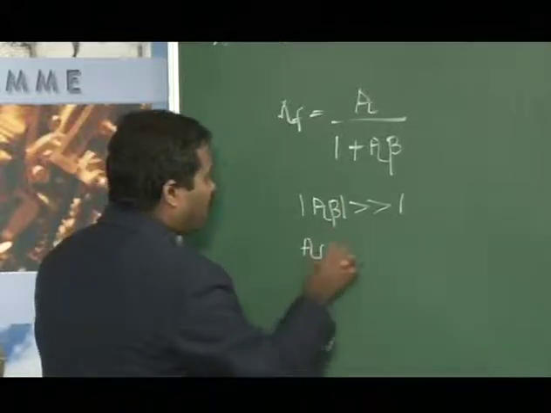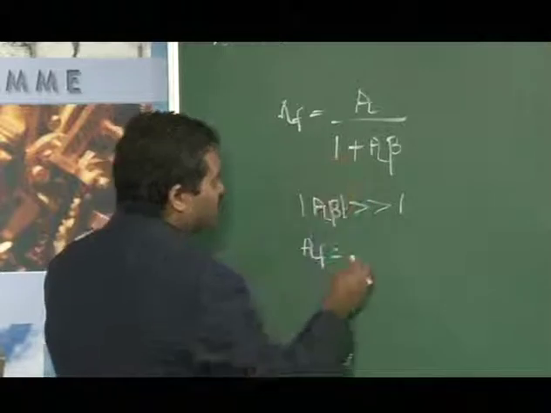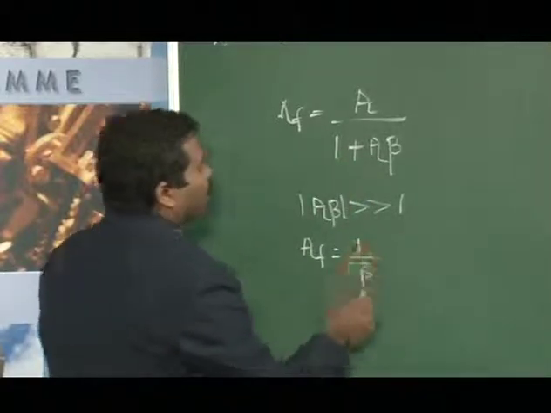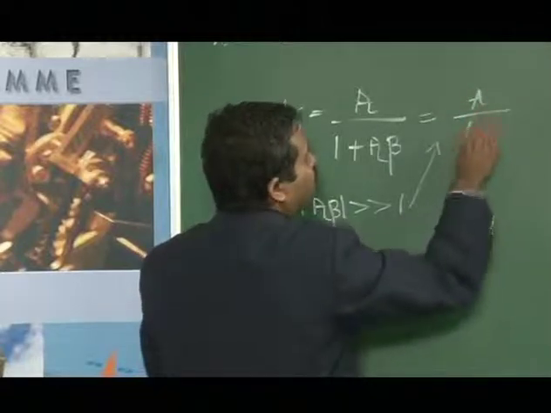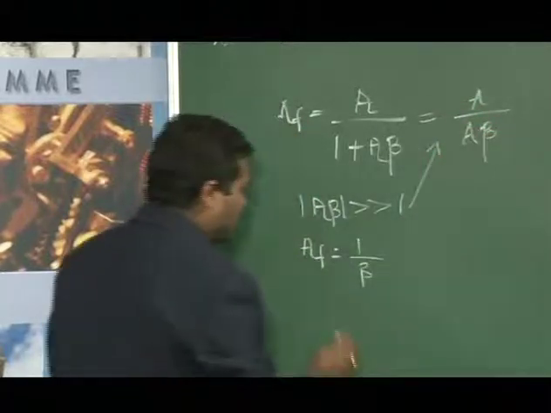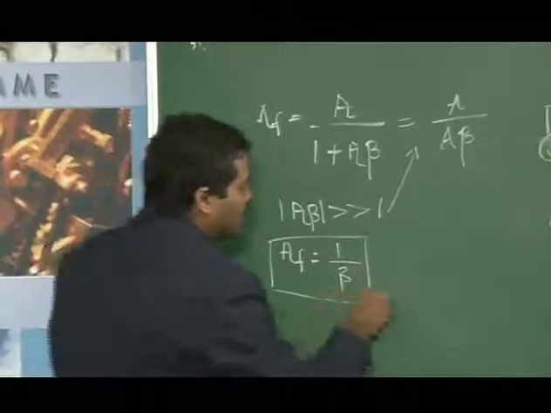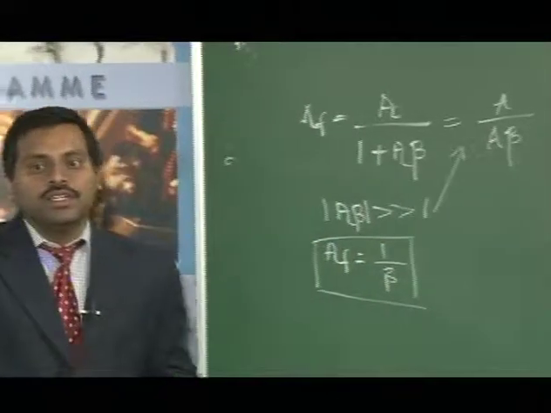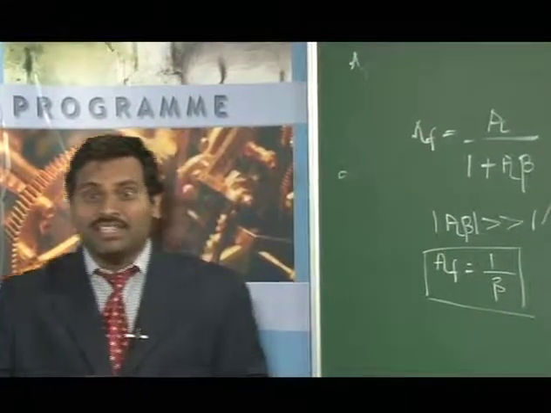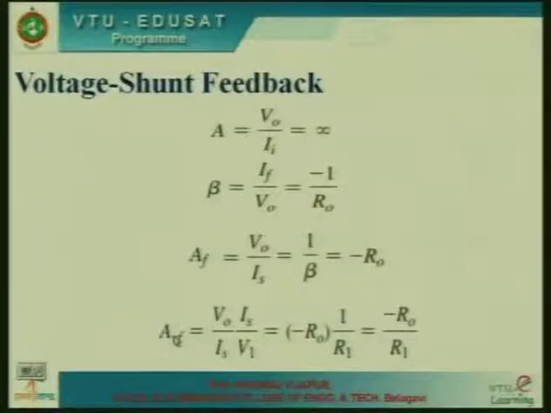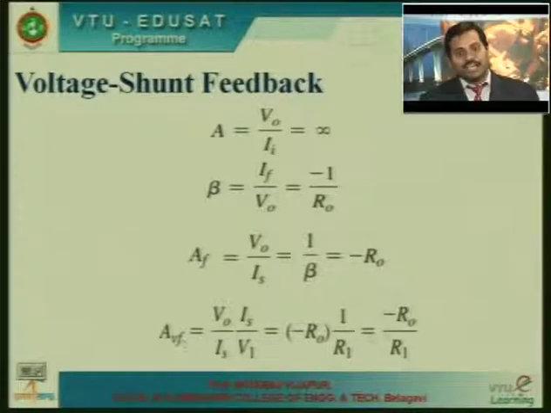So AF can be approximated as 1 by beta, because this can be further written as A divided by A into beta. A cancels, so AF can be put as 1 by beta. We have already calculated beta, so 1 by beta will be equal to minus R0. Substituting, you can get the voltage gain also. So voltage gain with feedback AVF is minus R0 by R1.